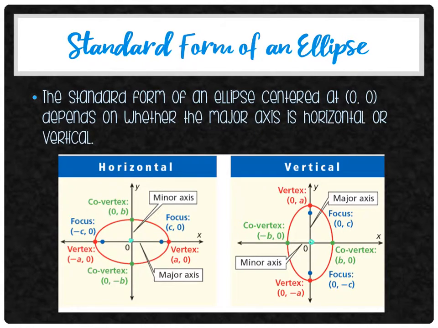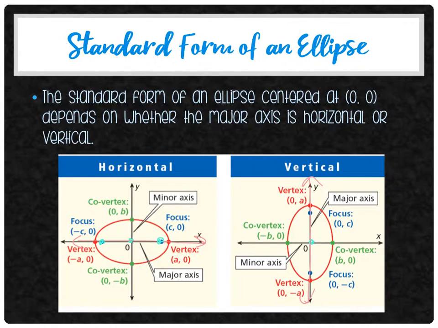The first one is called horizontal because it's wider than it is tall. The second one is vertical because it's taller than it is wide. The major axis is along the horizontal axis for the first, and along the vertical axis for the second. Along the major axis on the first one, you see these points, which are your foci.